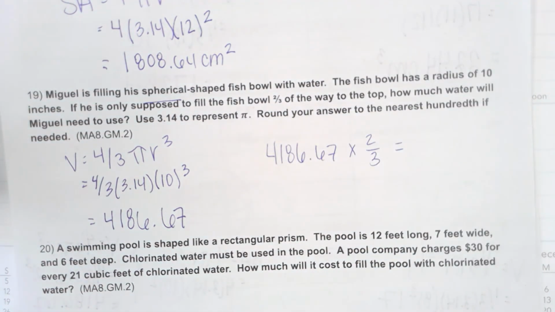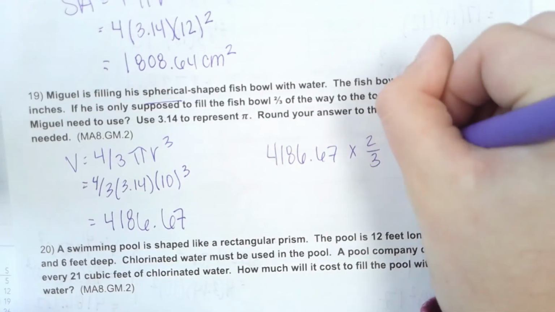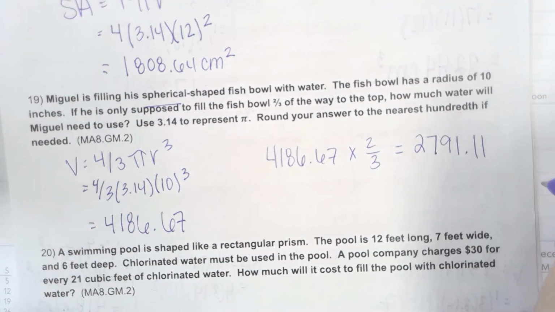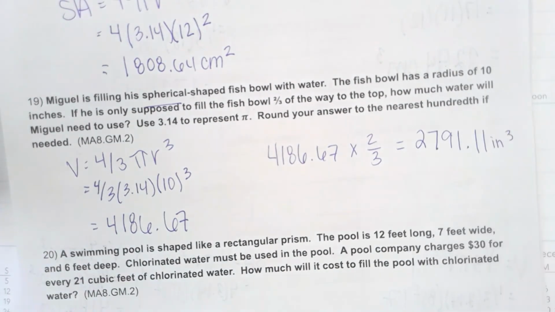So 4,186.67 times 2/3, and rounding it to the nearest hundredth, we get 2,791.11, and we're talking about inches, so cubic inches.